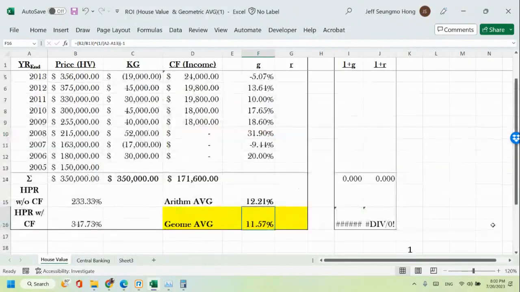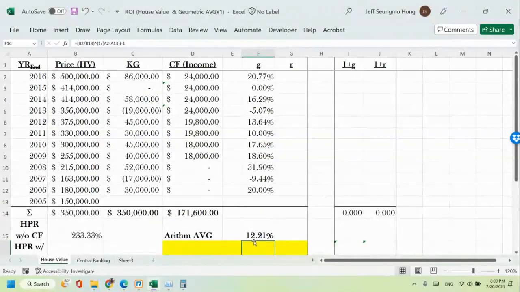Now it looks quite complicated, but think about it. It's because of the compounding effect. Compounding is like a snowball rolling down the hill.